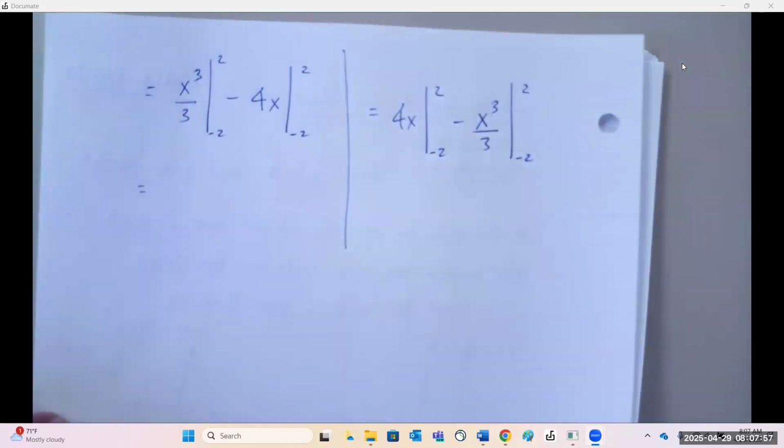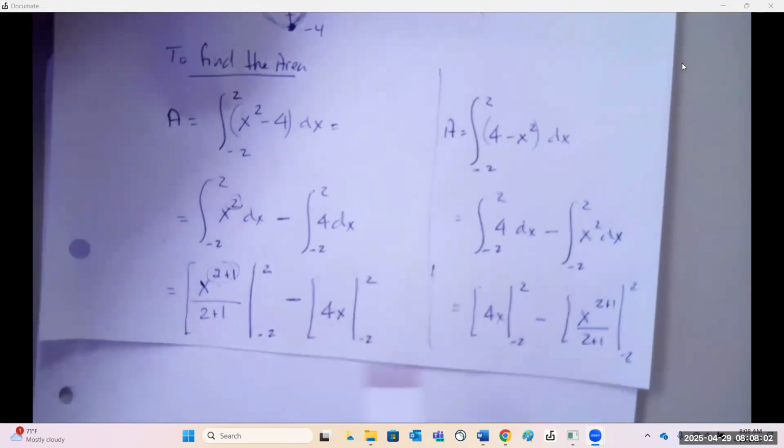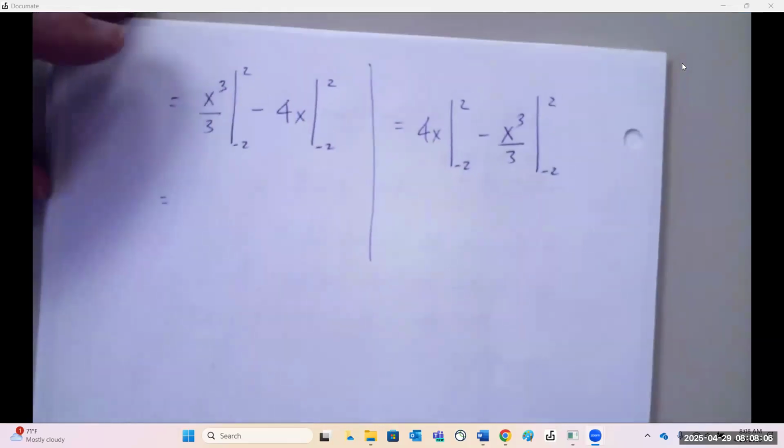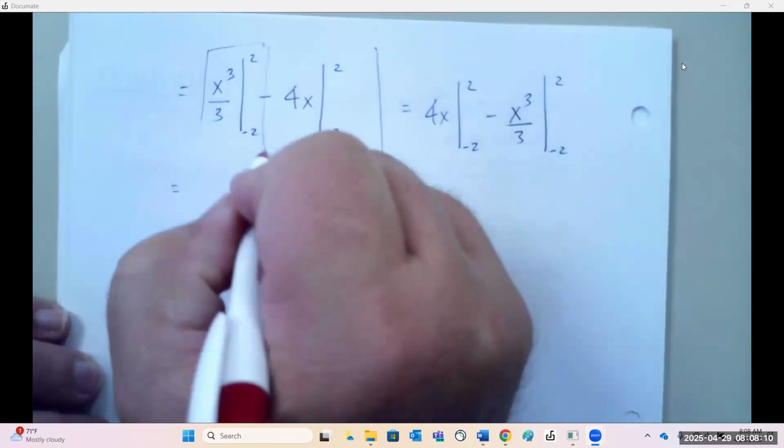All I did was work these out. All right, so we did the integral. Now we have to do this part.